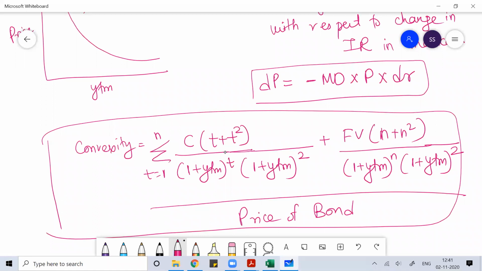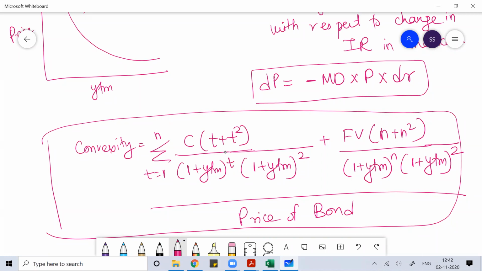So the relationship we have observed is that whenever we see a small change in the interest rate, if the interest rate increases by 10 basis points or something like that, then we can see a similar opposite change in the price, but a larger change will not bring that significant change in the price. That shows that the relation between the price and the YTM is not linear. Instead of being linear, it is actually convex.